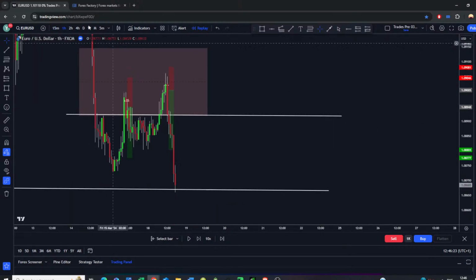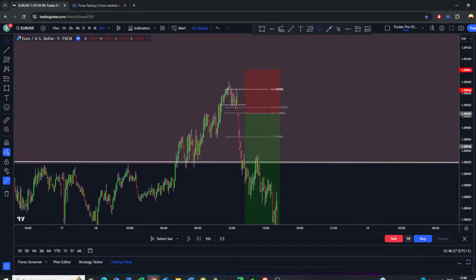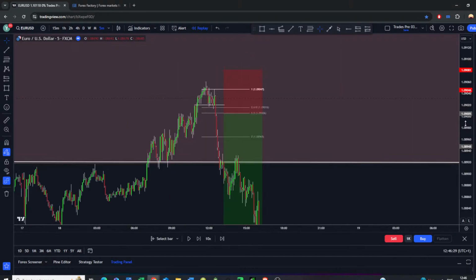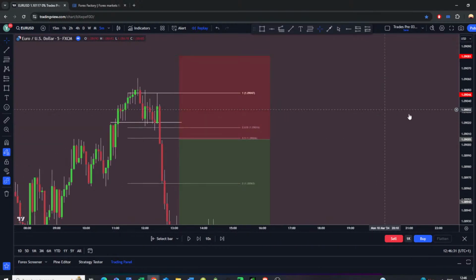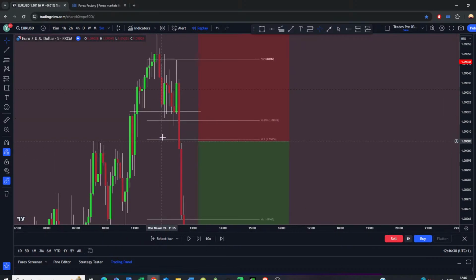No entry formed, and price just tanks, which is a shame. Maybe there were no fair value gaps.